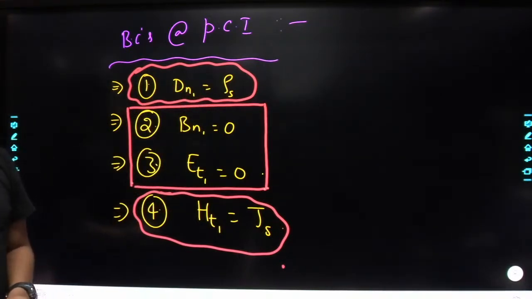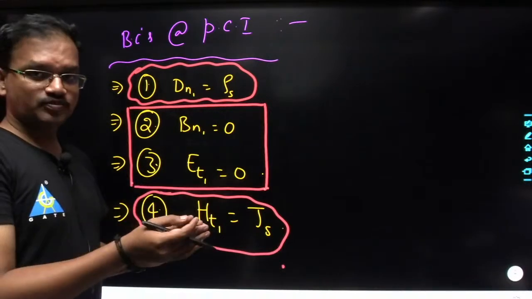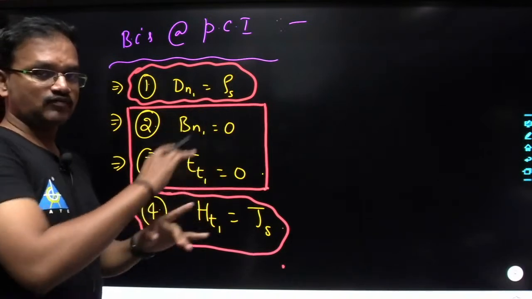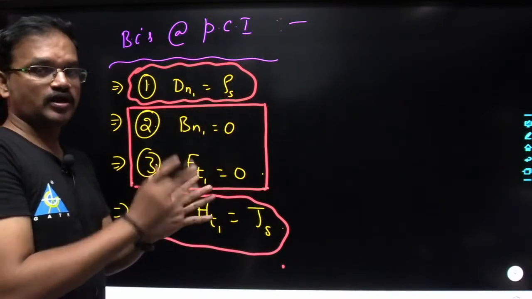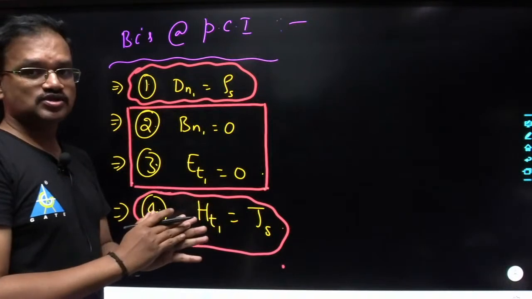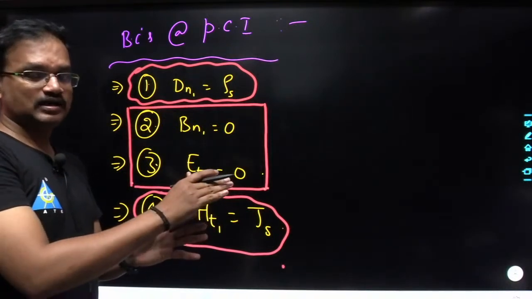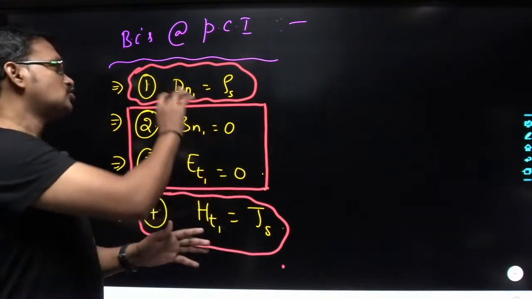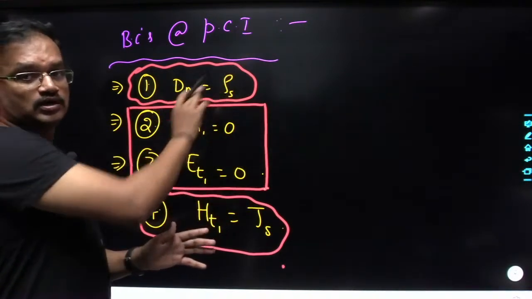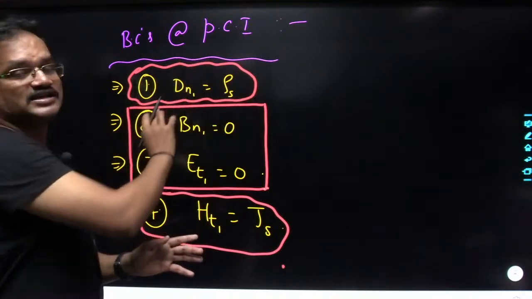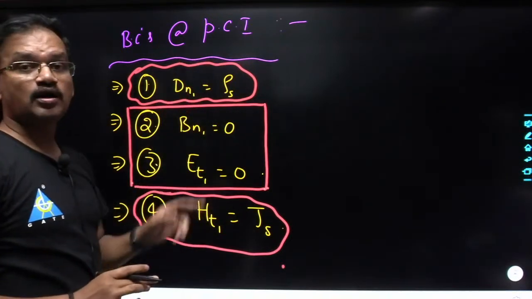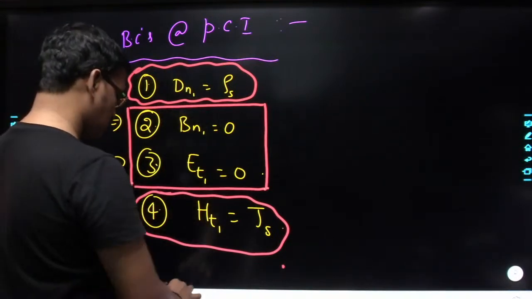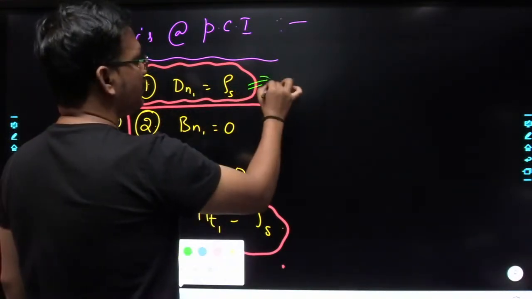Previously DN2 was also present, so in DN1 minus DN2 the overall value decreases. Now DN2 is becoming 0, so no field is getting subtracted, and DN1 becomes rho s. This is the maximum value of the normal component of electric flux density at the perfect conducting interface.